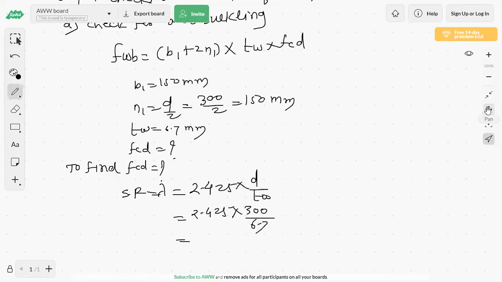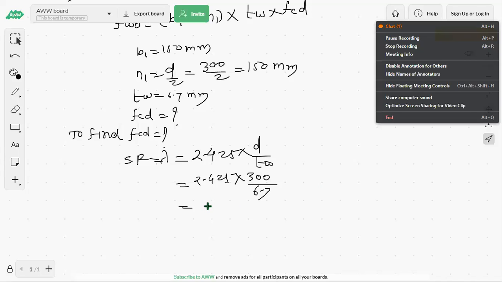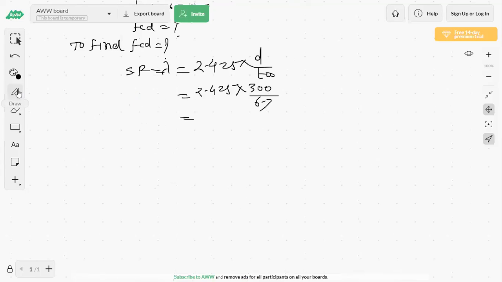So how much is the slenderness ratio? 108.58. Okay, slenderness ratio is here 108.58.